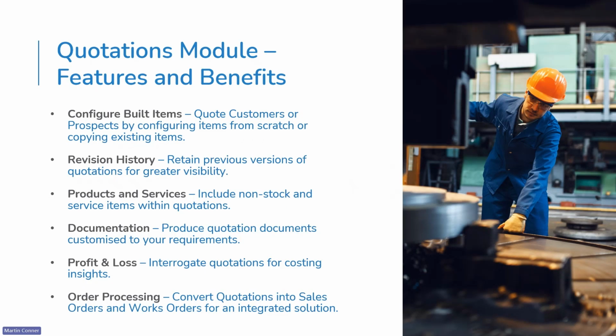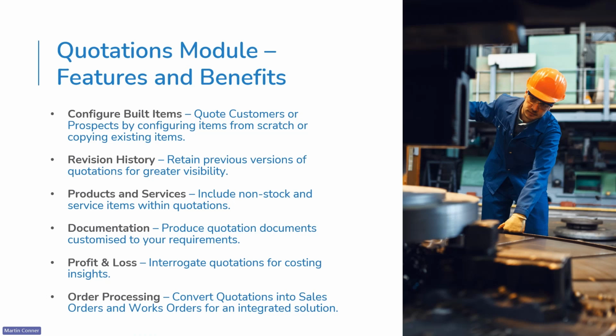So to focus on the quotations module itself, we can, as I said, configure built items, whether that be for a customer or a prospect, whether that be for an existing item or work starting from scratch or copying an existing item. We've got revision history, so you can retain previous versions of quotations.